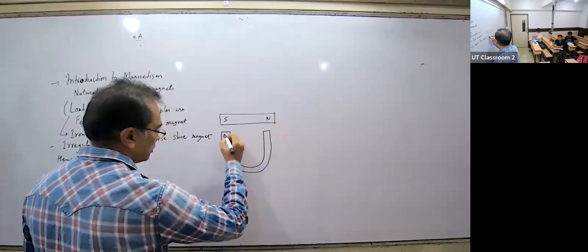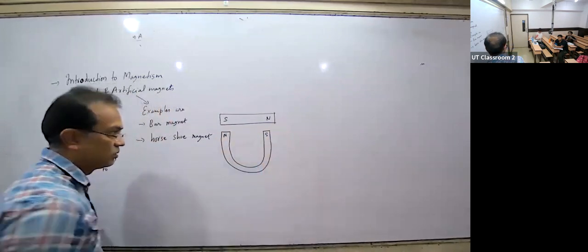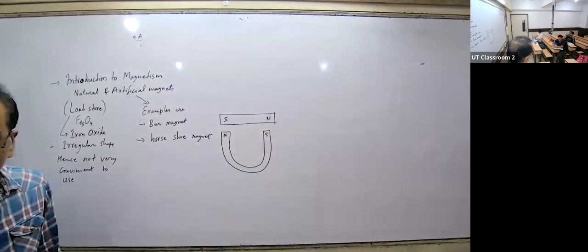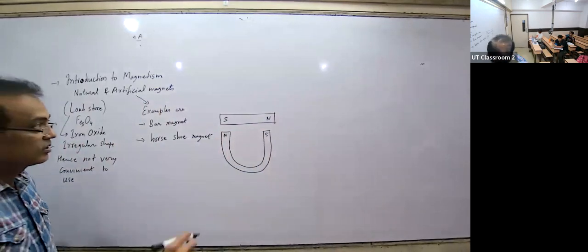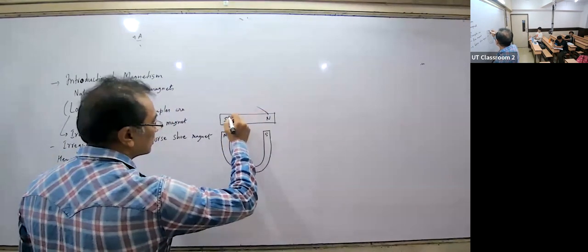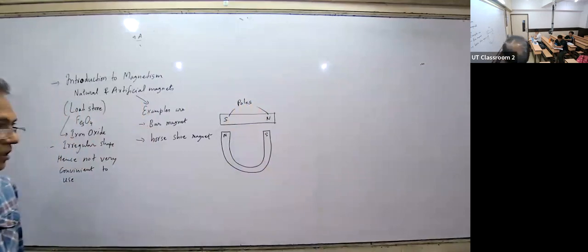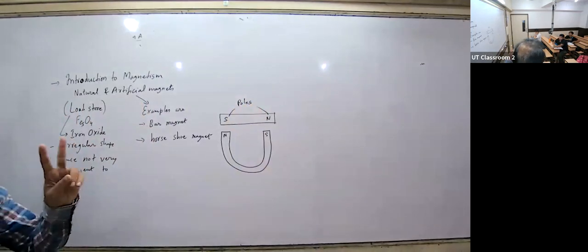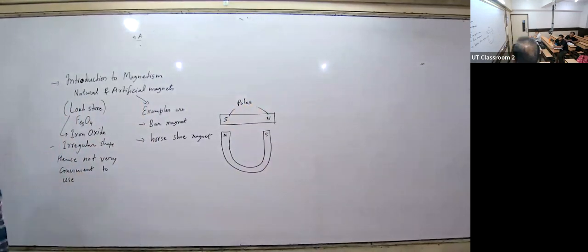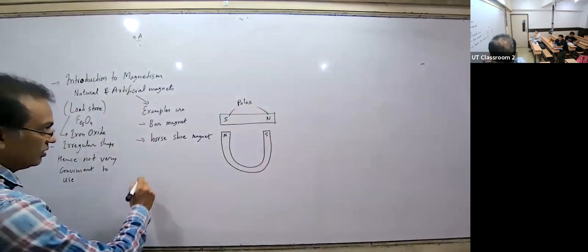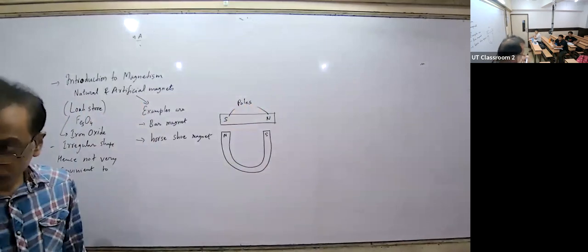Right? So N and S. What do N and S indicate? Poles. These are called poles. So you can see that each magnet has got 2 poles. So it's a bipolar substance, right? Can a magnet have only 1 pole?